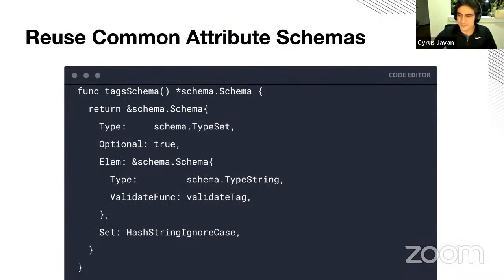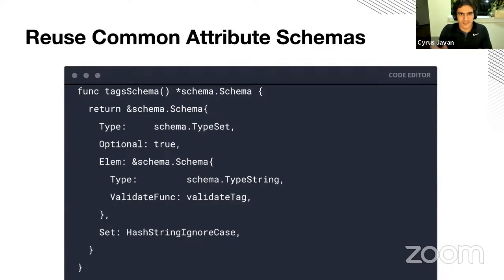The next pattern I want to talk about is reusing common schemas across attributes. And so this is an example pulled straight out of the DigitalOcean provider. What they have here is a function that returns a schema that is basically their tag schema. So a lot of cloud providers allow you to tag your resources, which are basically key value pairs. You can put whatever information you want.